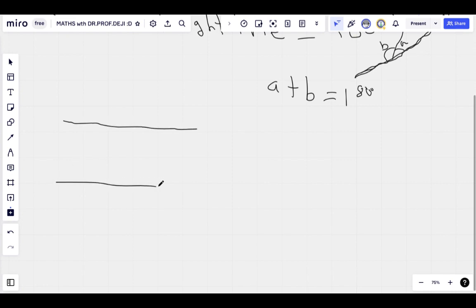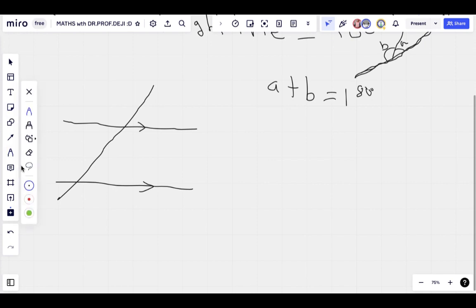If I have these parallel lines, and then I have a line across them, the angle here and the angle here are said to be vertically opposite angles.